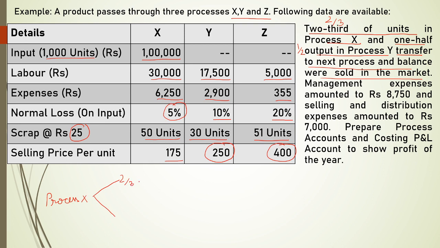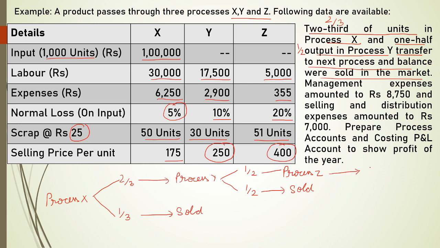Two-thirds is transferred to process Y and the remaining one-third is sold out in the market, and in process Y half is transferred to process Z and the other half is sold out in the market, and the whole output of process Z is transferred to the market for sale.